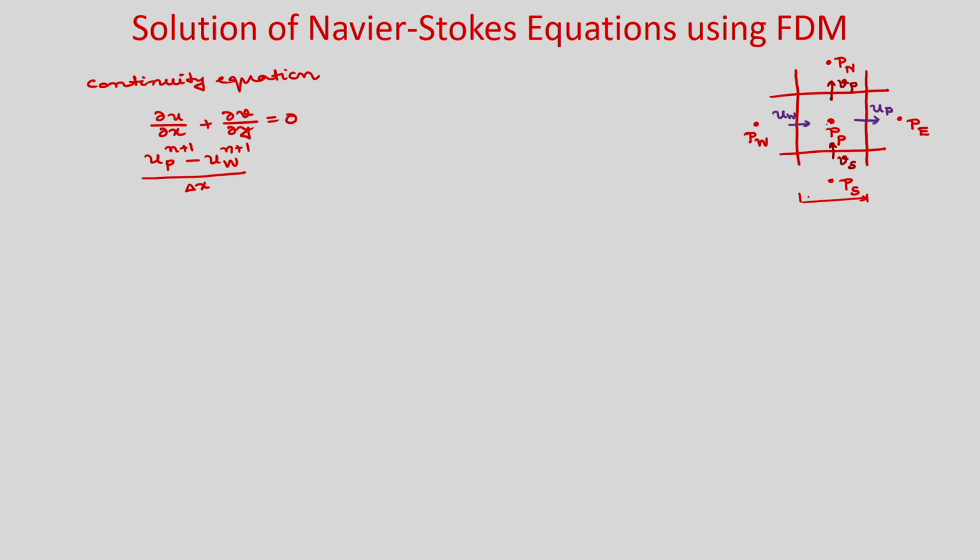This is your delta x and this is your delta y. Now, del v by del y, similarly about this cell center, will be v p n plus 1 minus v s n plus 1 divided by delta y is equal to 0. And what is the order of accuracy of this discretization? Obviously, delta x square, delta y square, because we use central difference.